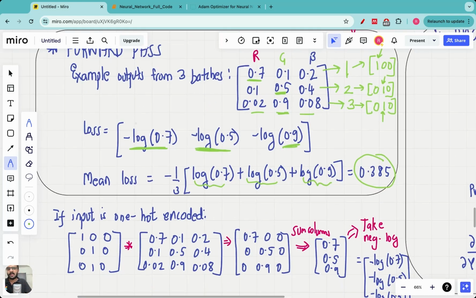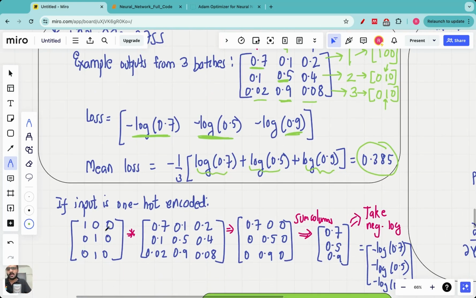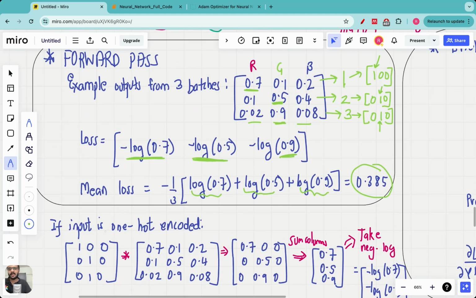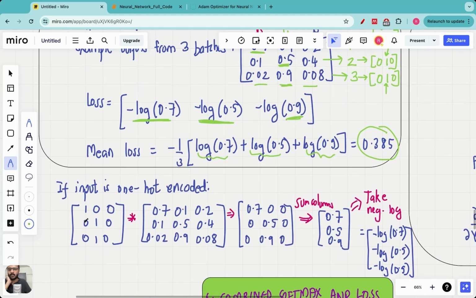Now we do one more thing in the code. If the input is one hot encoded, how do we do it in the code? That's what I'll be showing you. Let's say this is the predicted values, and these are the input values. These are one hot encoded values, which means that for the first batch of data, the first row, the correct answer is red, so it's 100.